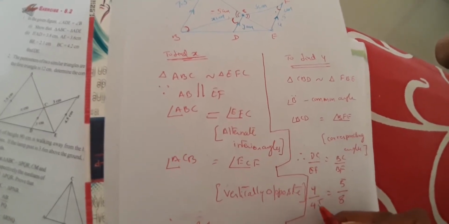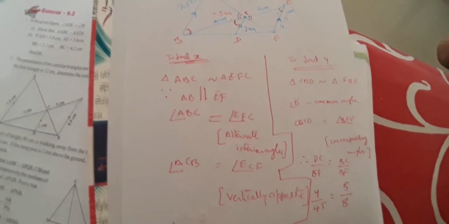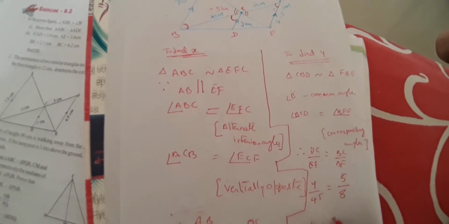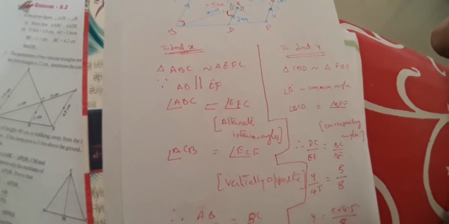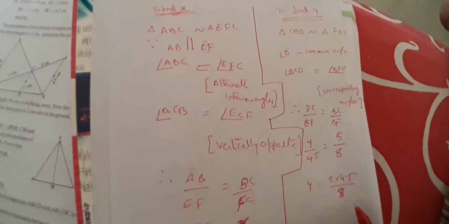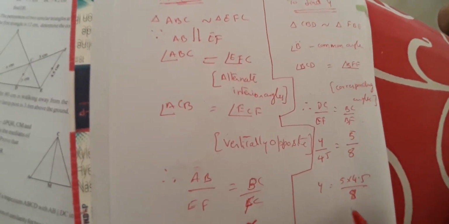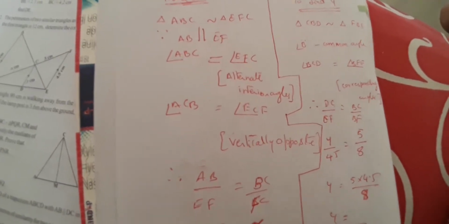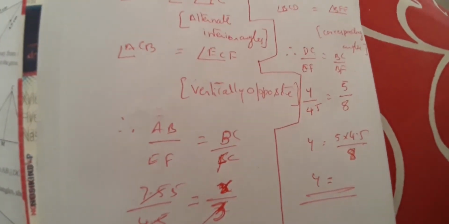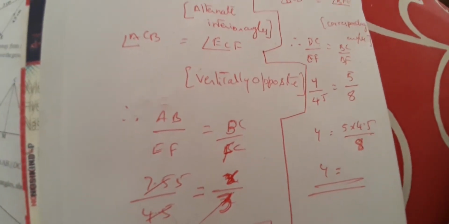Is that clear? So 5 plus 3, 8. So now y is equal to 5 into 4.5 by 8. Right? So please try to solve it further. Okay? And then find out the y value. So I am leaving this to you, children. So do the decimal calculation and put the value for y.